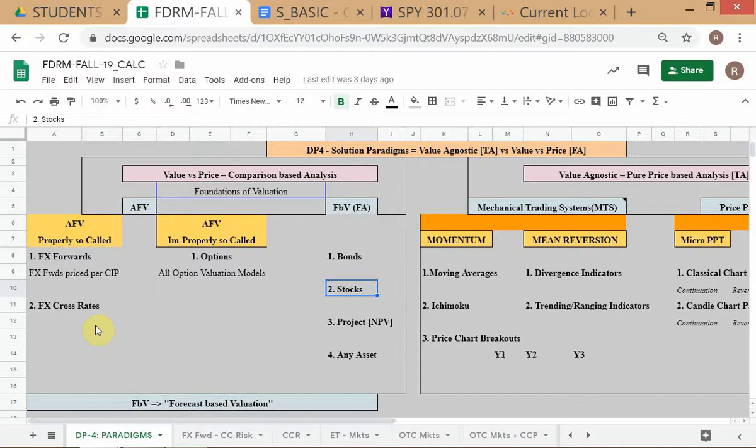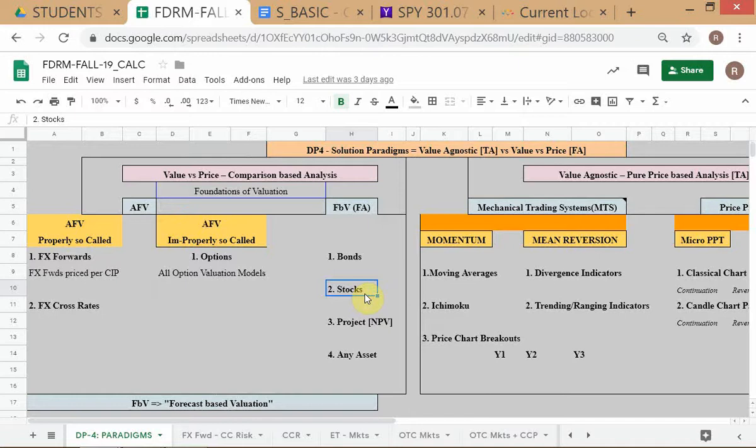It's like if I give you only dosas and sambar and idli and call it Indian food, that's not correct. I should call it South Indian food. You're only doing one type of model, which I am calling forecast-based valuation models. Usually you're applying it to value stocks, if I'm not mistaken, from the syllabi that I've looked at.